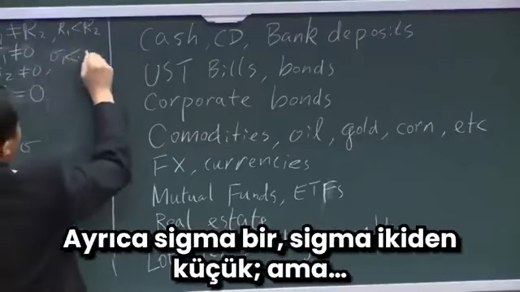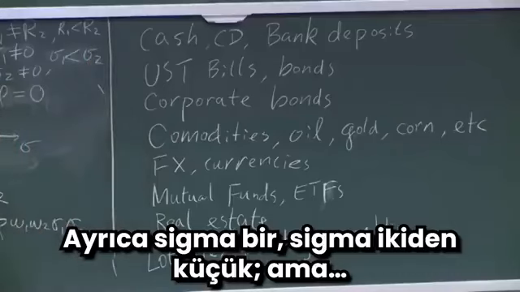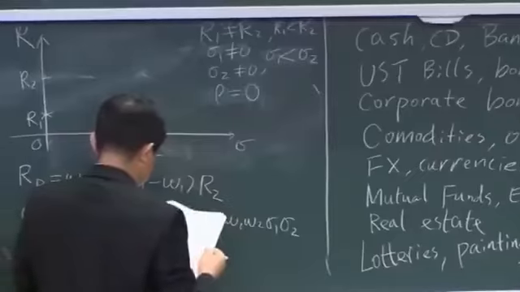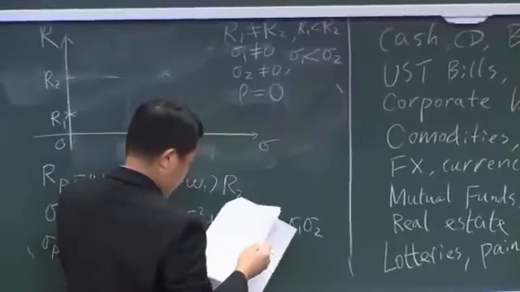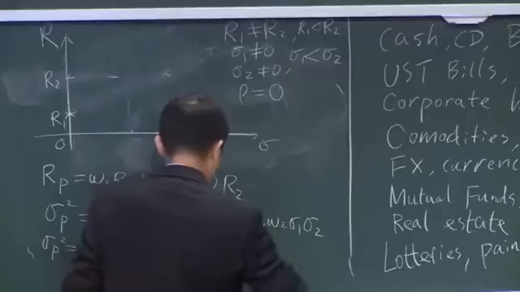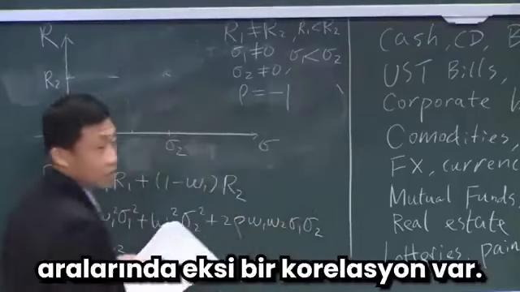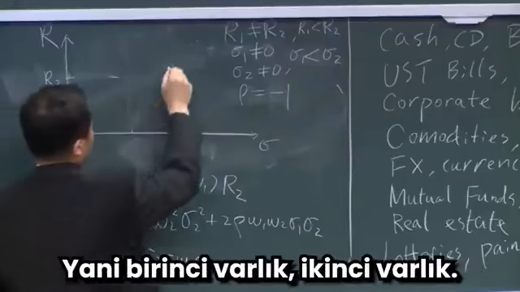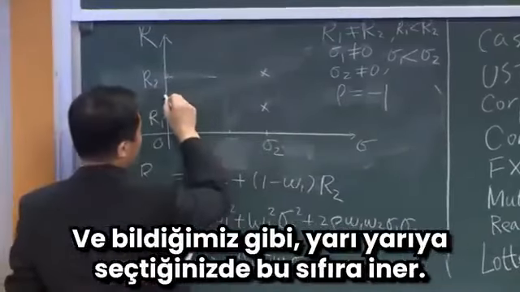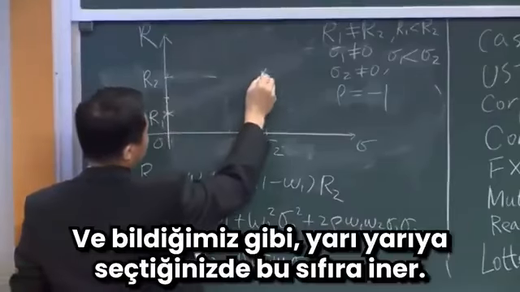Also, sigma 1 is less than sigma 2, but it has a negative correlation of 1. So you have asset 1, asset 2, and as we know, when you pick half and half, this goes to 0.